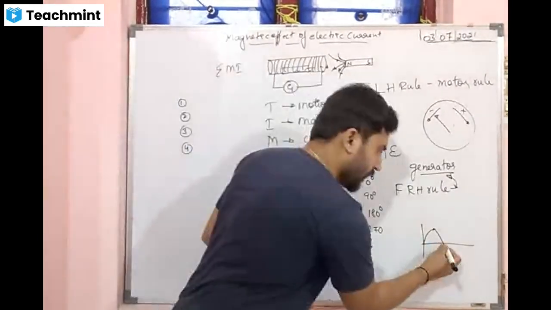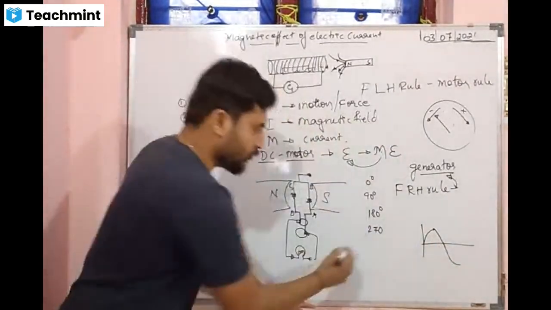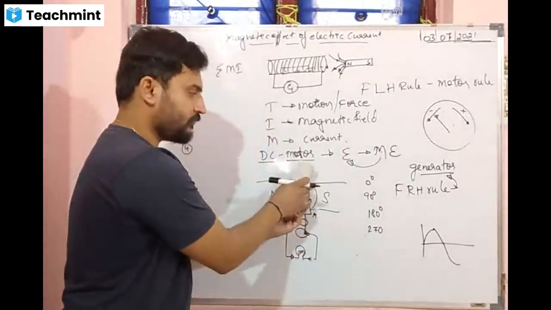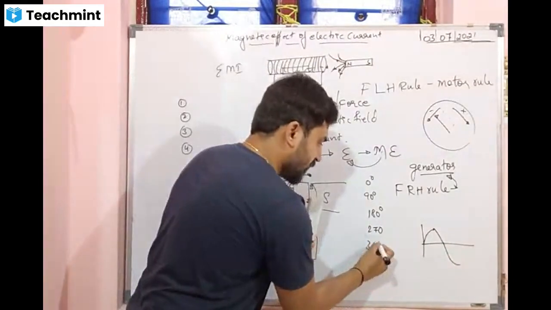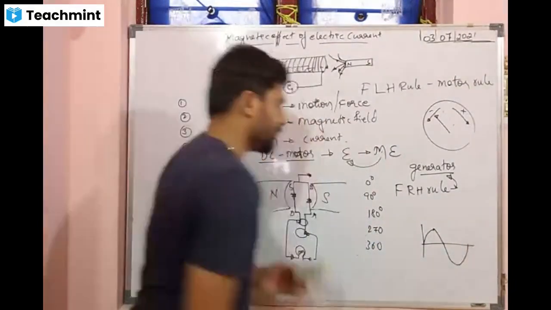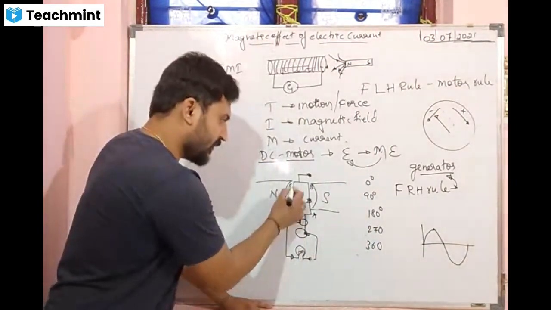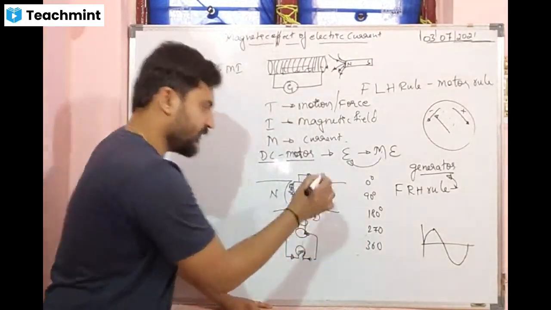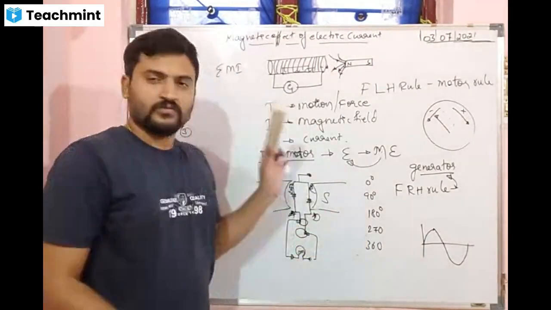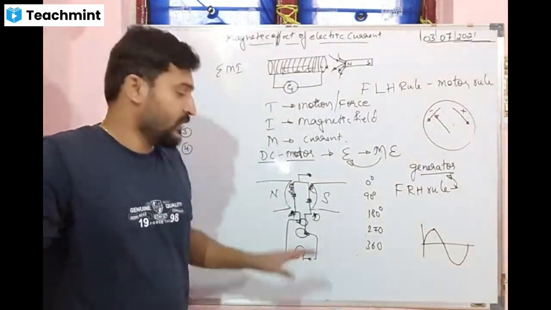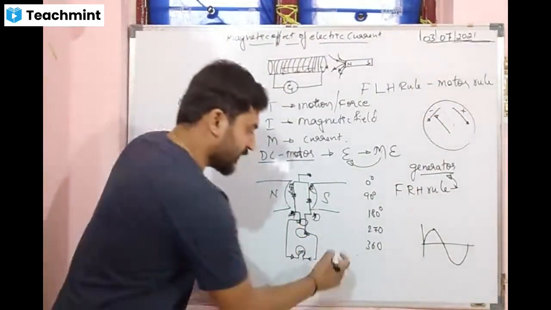After 270 degree again 360 degree, it comes back. Again here A, this is B, this is C, this is D, and it continues. So this is how slip rings work. What type of rings did we use here?